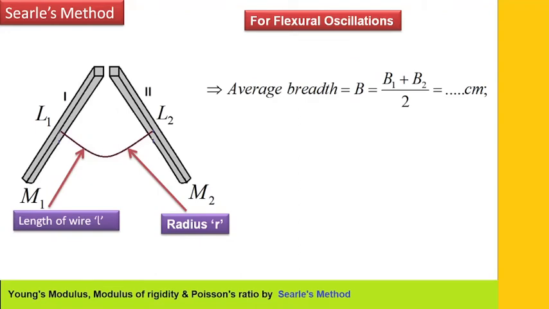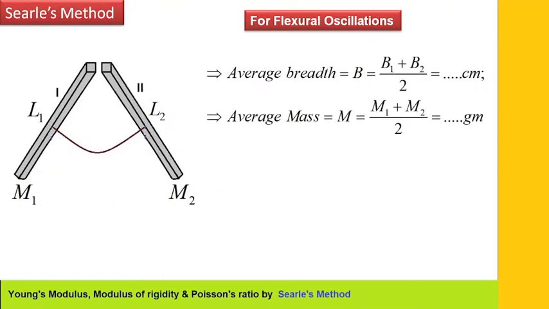Now the parameters. The average breadth, capital B, is to be noted: capital B1 is the breadth of bar 1, capital B2 is the breadth of bar 2, divided by 2, in centimeters. Average mass of each bar, M1, M2: the average mass of both bars, combining them, capital M is equal to capital M1 plus capital M2 divided by 2, in gram.